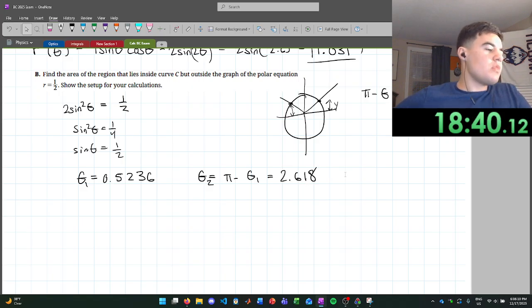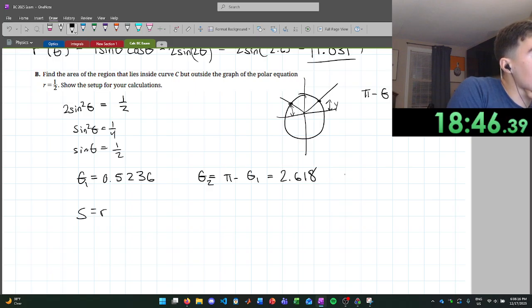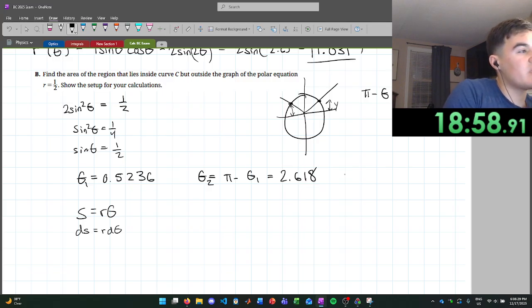Let's think of the area of a polar region. S is equal to r theta, so ds is equal to r d theta. Okay, so let's say, wait, what about area? Area is equal to 1/2 theta r squared, right?